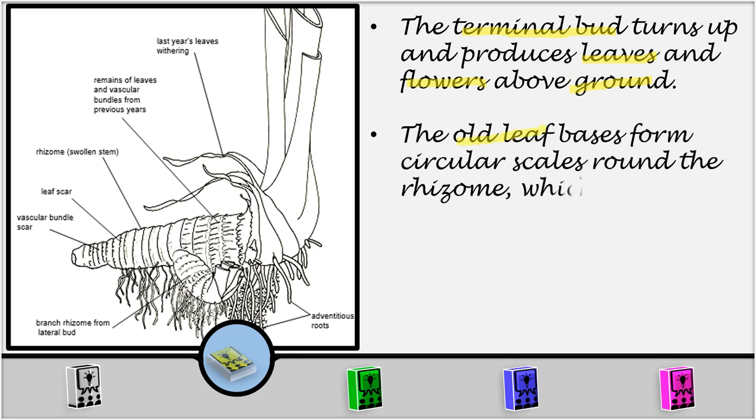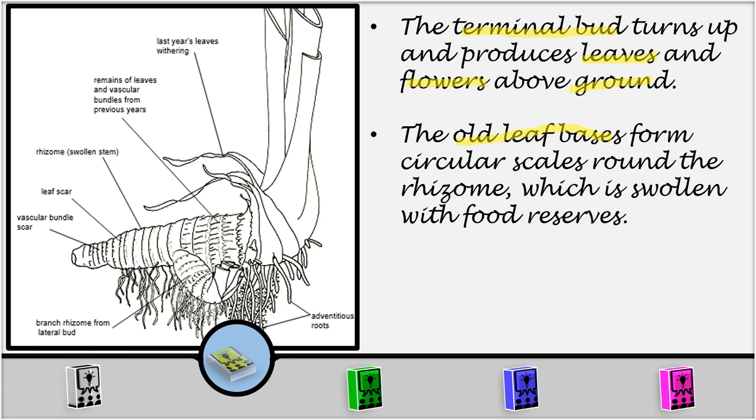The old leaf bases form circular scales around the rhizome, which is swollen with food reserves. So when you have leaves, like for example these old leaves, when they dry off, they will form circular scales like this one that we are seeing here. You can see these scales here.